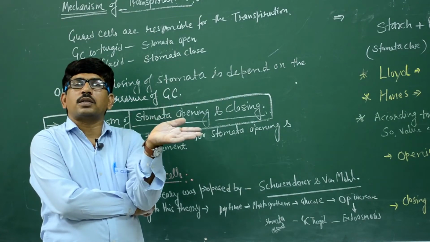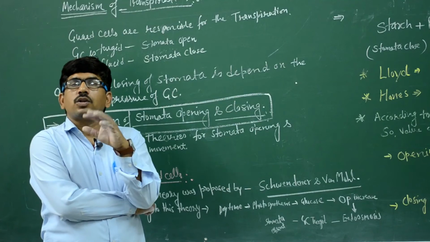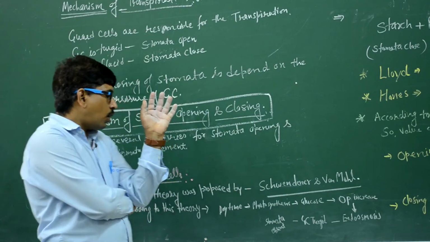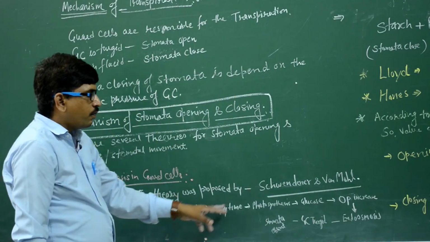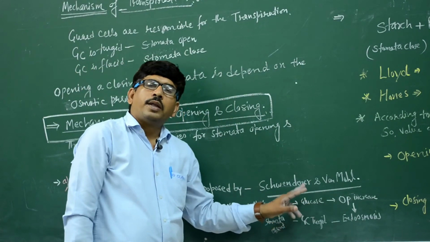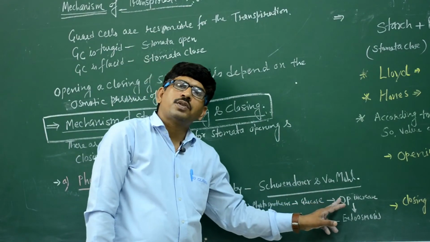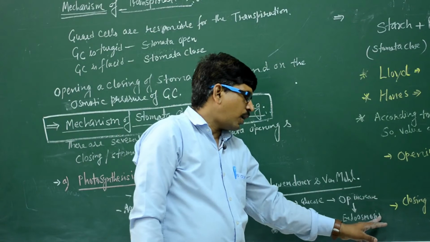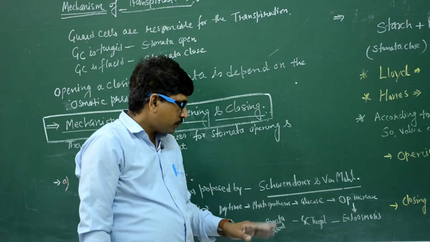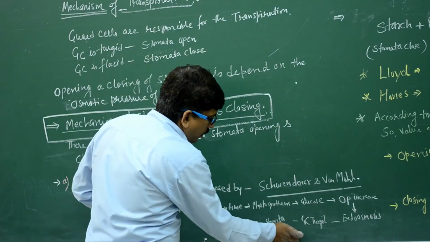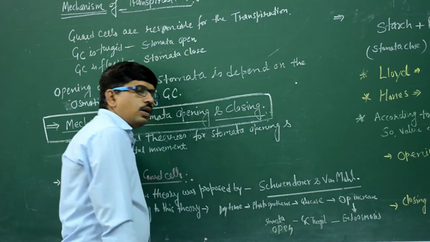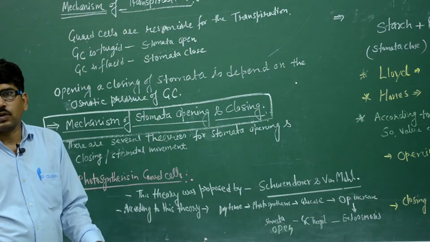The inner layer of the guard cell is thick and the outer layer is thin and elastic. So the stomata is open. Clear? So according to this theory, in the daytime photosynthesis occurs, glucose forms, OP of GC increases, then endosmosis, then GC turgid and stomata open. That theory represents this concept.